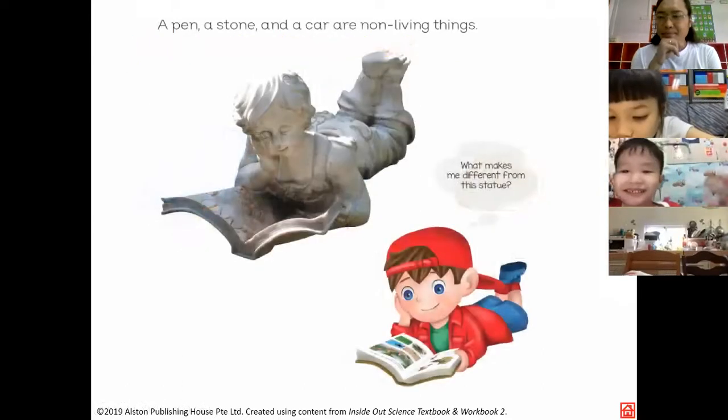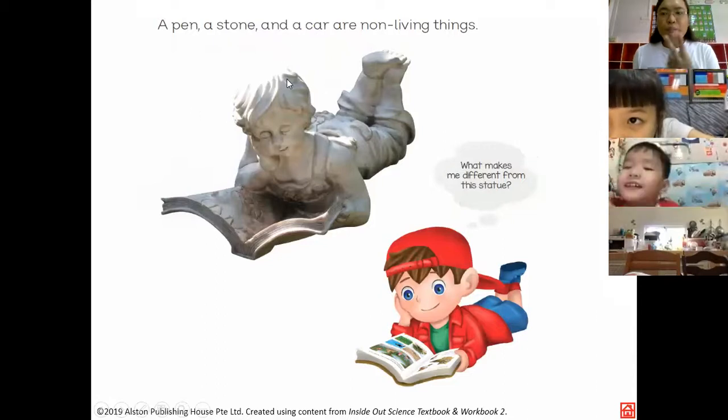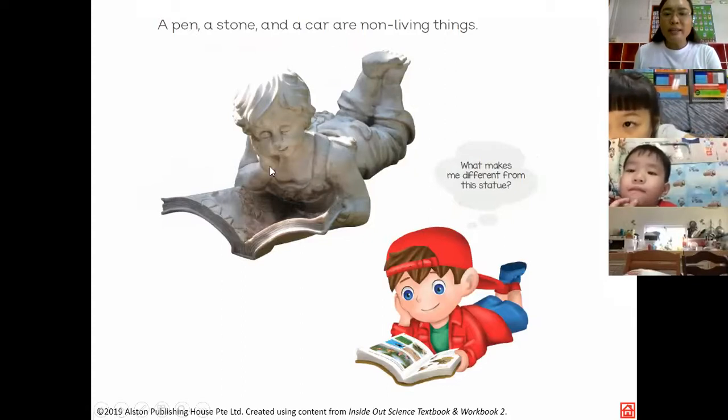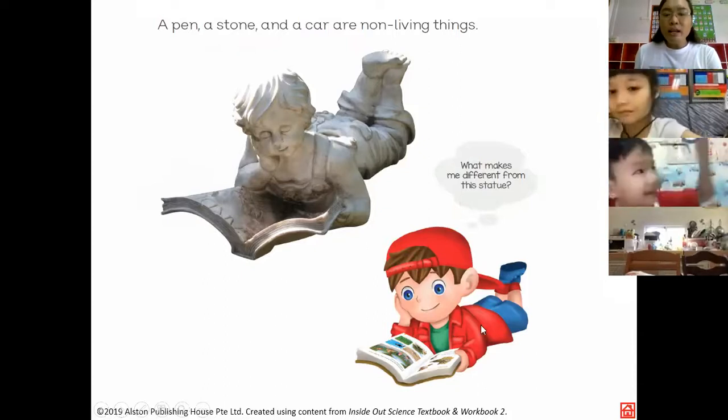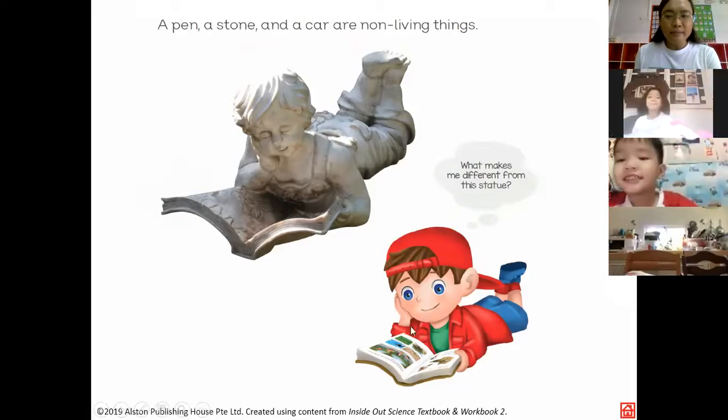Oh, all right. Okay, here. Look at these two pictures. Statue. Statue, is it living or non-living? Non-living. This one, is it living or non-living? Yes, it's living.